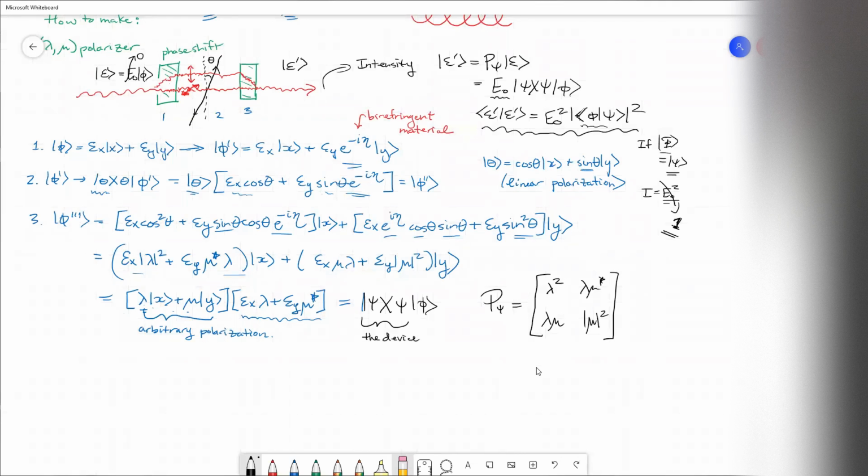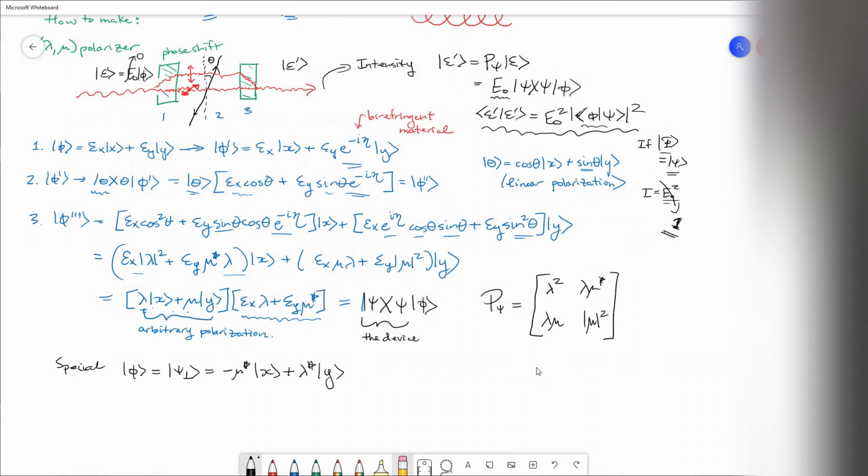There's also a special perpendicular initial vector you could try, which you could call psi perpendicular. And what it is, is minus mu star x plus lambda star y.